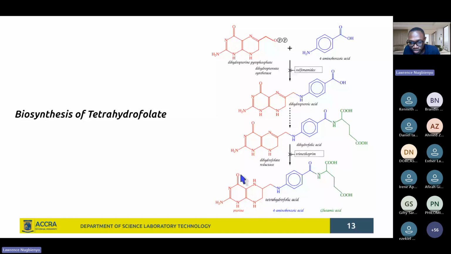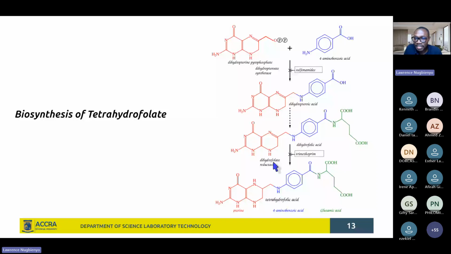If you look closely, not at all parts of the molecule compared to that dihydrofolic acid up there, everything else is the same. So it is only on that nitrogen that you have that reduction reaction, which is catalyzed by dihydrofolate reductase.